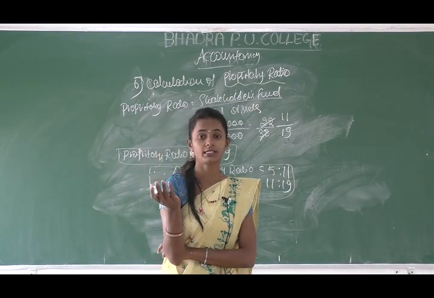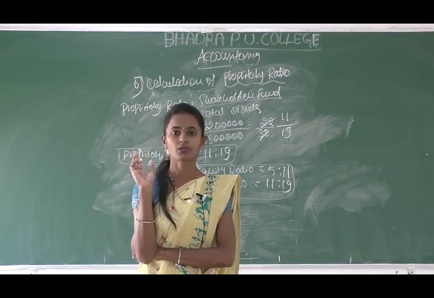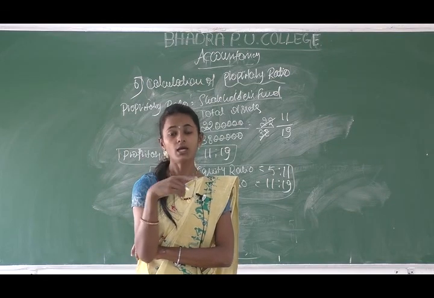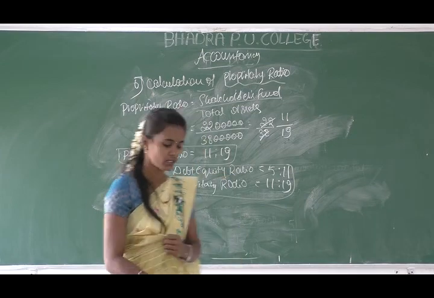So the next one, the third type of ratio, is the activity ratio. The first one is the liquidity ratio, the second one is the solvency ratio, and the third one is the activity ratio.